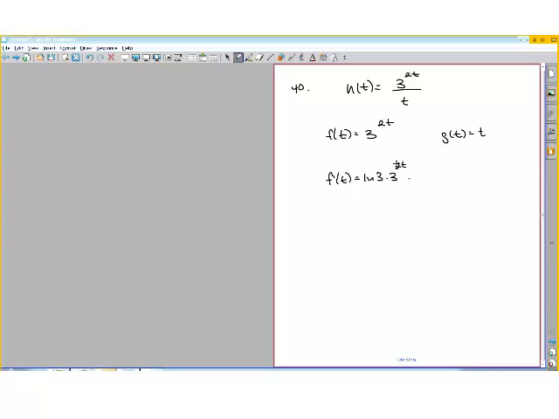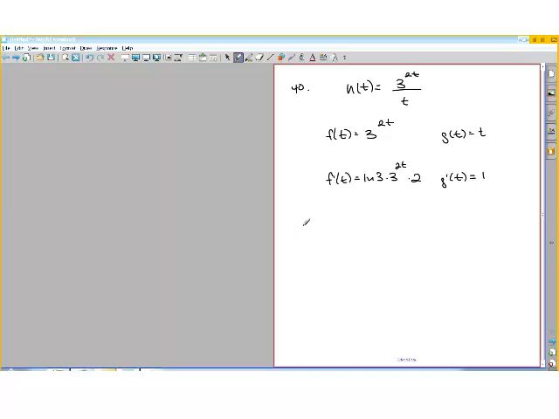So rather than having just 1 here, if it was just 3 to the t, it would be just natural log of 3 times 3 to the t. But because we have 2t, we take the derivative of 2t, which is 2. And this additional part is the chain rule associated with this exponent. The derivative of t with respect to t is 1.